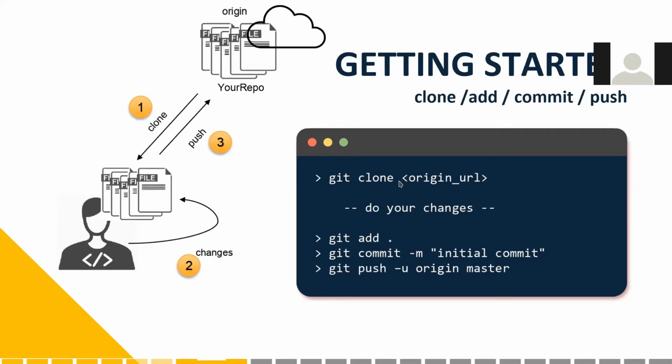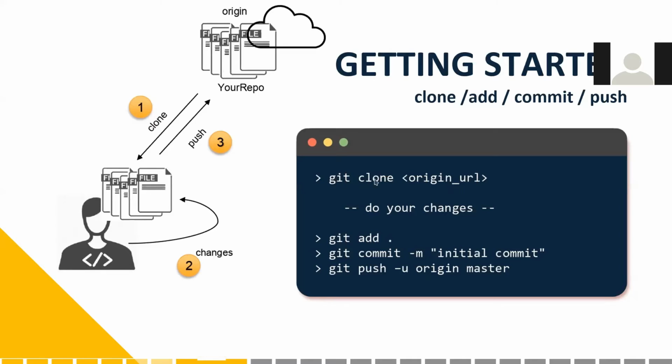Basic workflow means this is for a single person. If you are working on a private project, this is the workflow that we are going to use. You create a project on GitHub, then you clone it to your local machine, you do your changes, and then you push it.